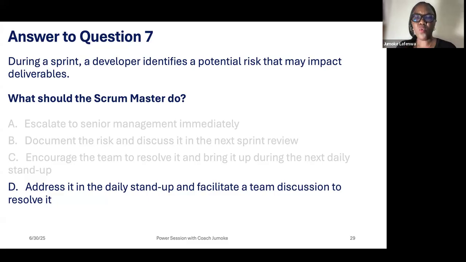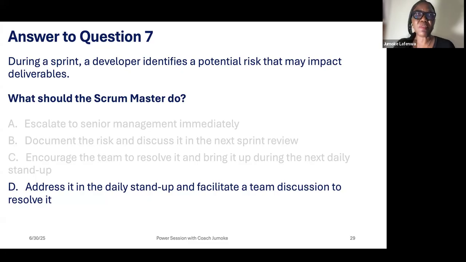Discussed here means whoever among the team is encountering it, and it's clear a developer identifies a potential risk. That developer will mention it at the stand-up meeting, that this is what I'm perceiving, or based on experience, this is likely going to happen, because we know that risk is a futuristic event that is uncertain.